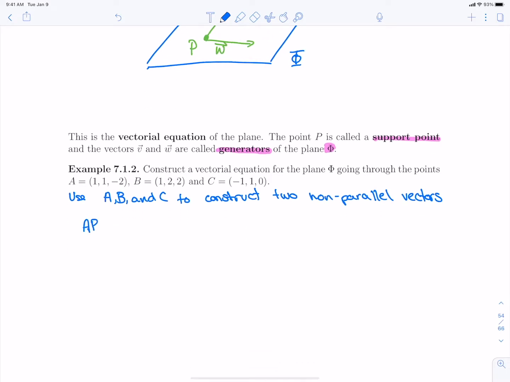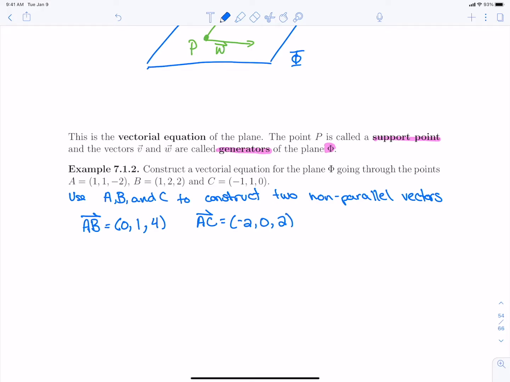Why don't we just go AB? AB will be 0, 2 minus 1, 1, 2 minus -2 is 4. And then I'm going to also construct AC, which is -2, 0, and +2.